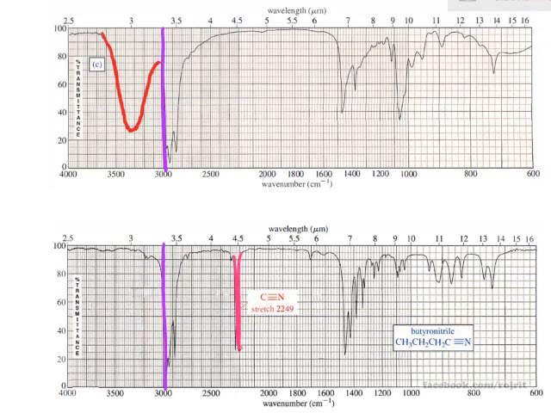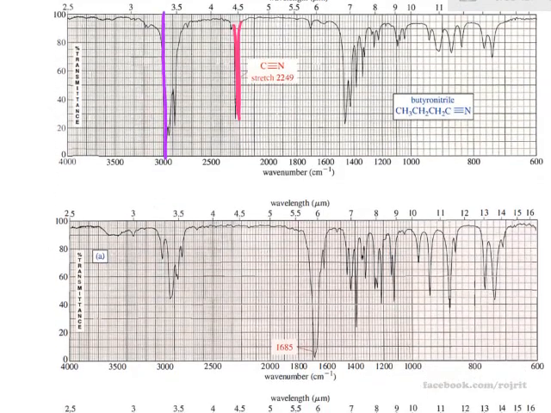If it were an alkyne, you should have the alkyne CH stretching at around 3300 as well, but there's nothing like that here. In your chemistry, you normally know only two triple-bond groups, alkyne and nitrile. So if this is not an alkyne, it has to be a nitrile, and that's it. Next one.